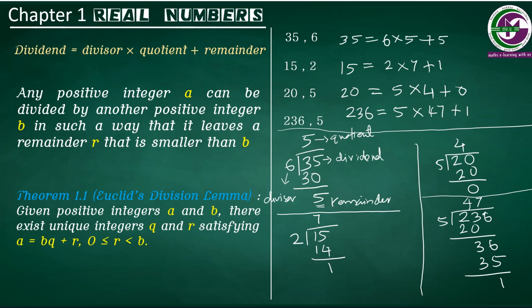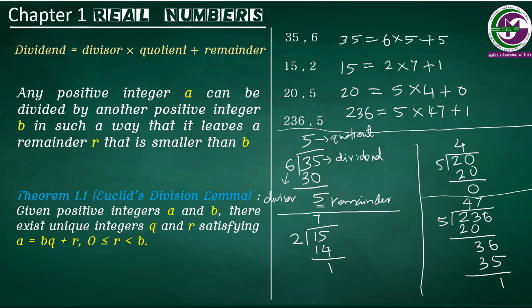It will always be less than the divisor. So this is Euclid's division lemma. It is nothing but the division rule, dividend equals divisor times quotient plus remainder, but it is applicable for all positive integers. So we can make a relation between any two positive integers using this.